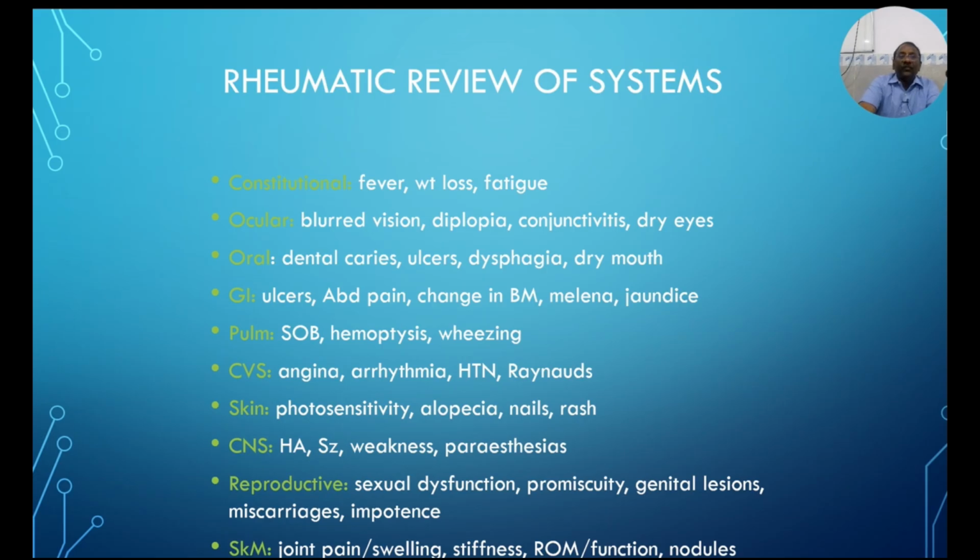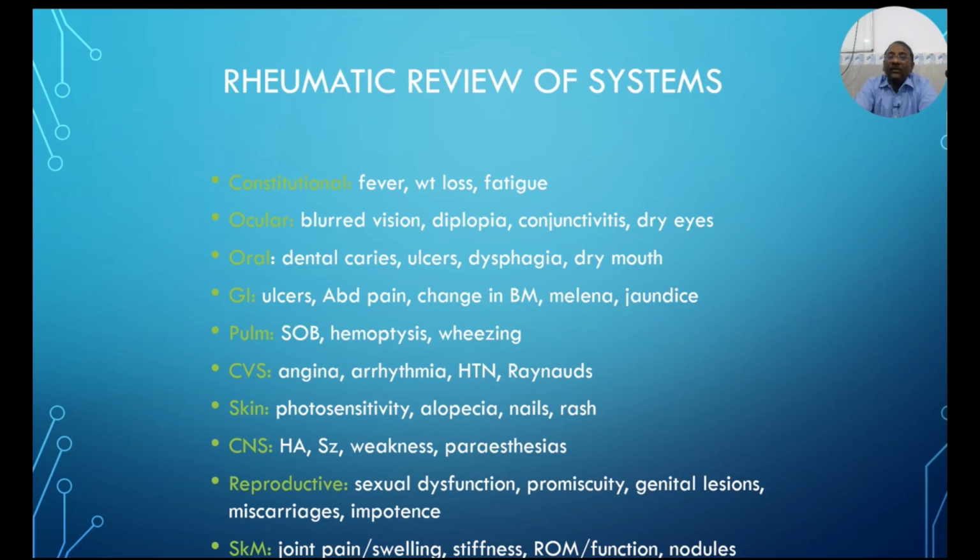So these are the different symptoms that will be there. Constitutional symptoms like fever, weight loss, fatigue are very common in most of these rheumatological conditions, especially the polyarthritis diseases. Ocular, they will have blurring of vision, diplopia, conjunctivitis, dry eyes. Oral, dental caries, oral ulcers, dysphagia, dry mouth. So keratoconjunctivitis sicca, etc. Sjogren's syndrome, Sjogren's disease.